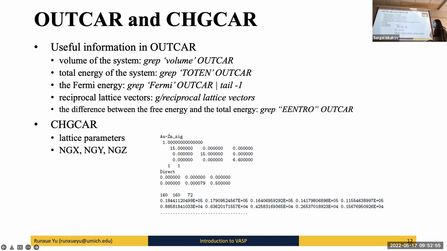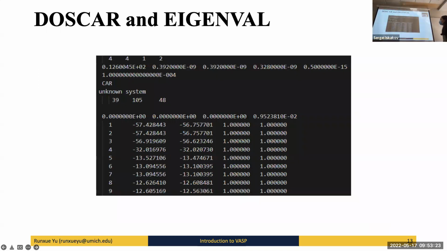This one is generated from the self-consistent calculation, and then we do the band structure calculation based on that. Sometimes VASP will not give the same numbers for the non-self-consistent calculation. Then you have to set them manually, as you got in the CHGCAR.